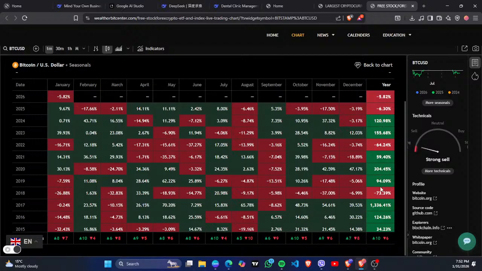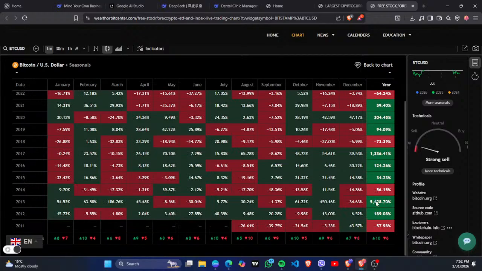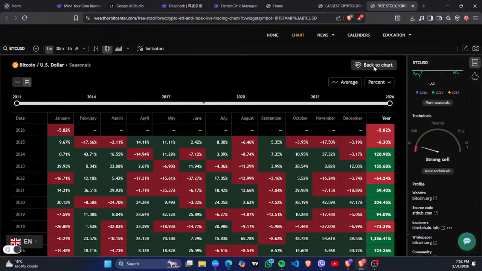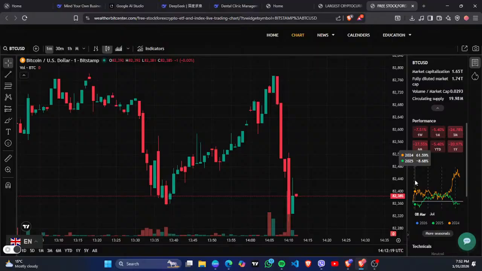Now the returns are above 100, but only two times has it provided a return of more than 1000: 1336%, 5220, 8.70%. So it has provided quite high returns for those people who are investing in it.